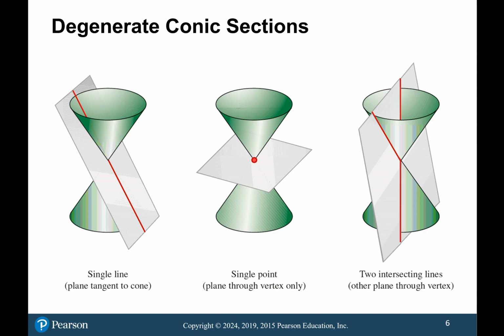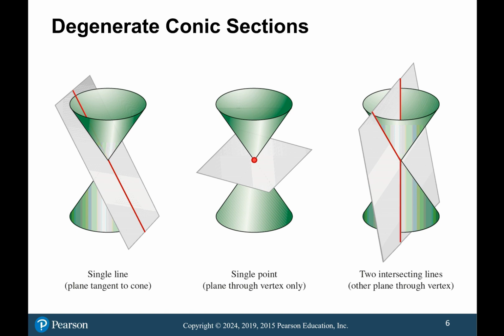Then there's some crazy stuff that could happen. If we cut a section here so the line that generated the cones is in the plane, we just get that generation line. We could cut through it at just the vertex parallel to the bases where we get just a point.